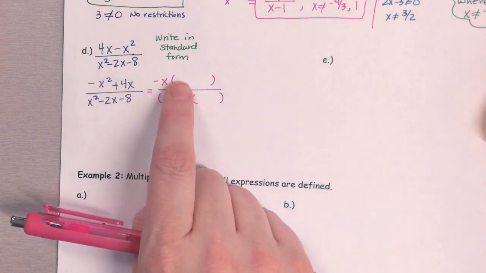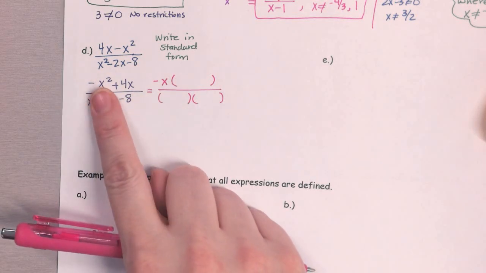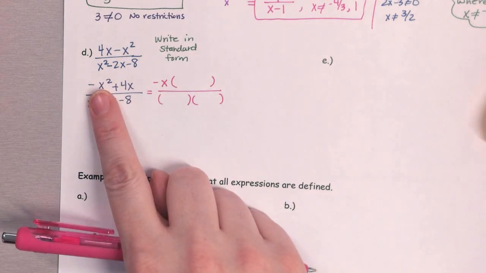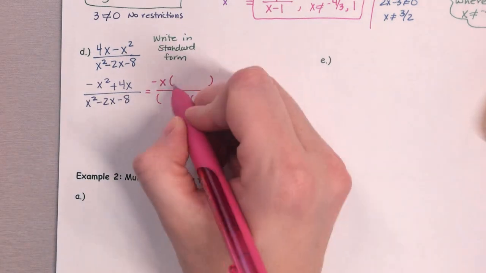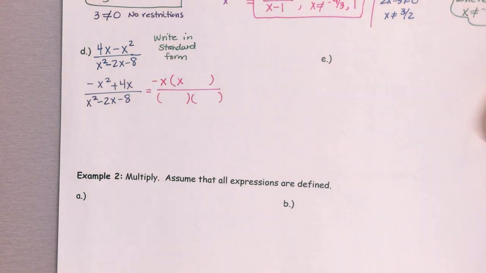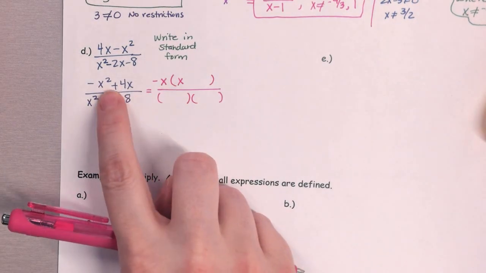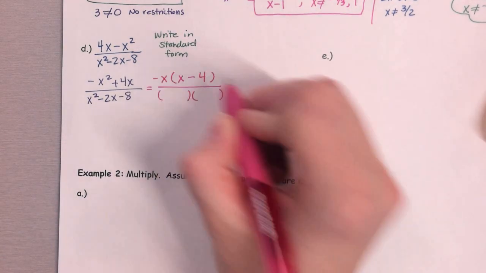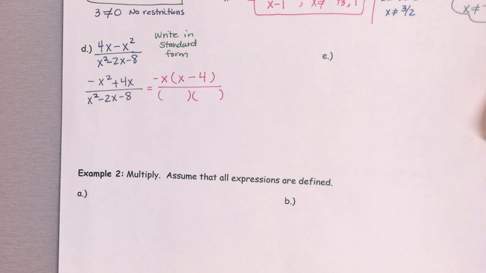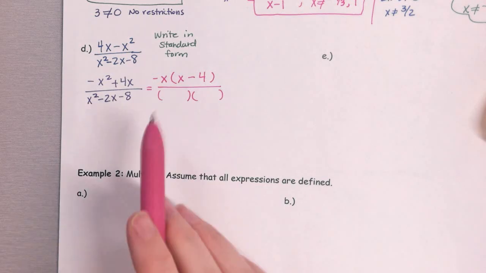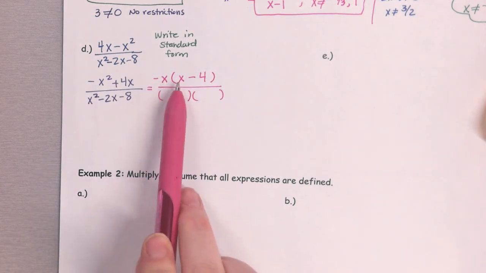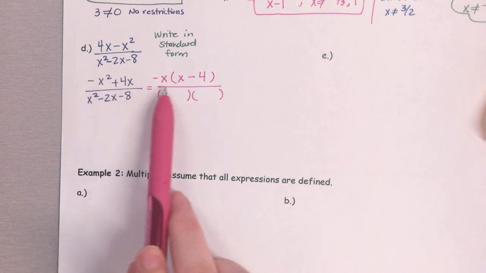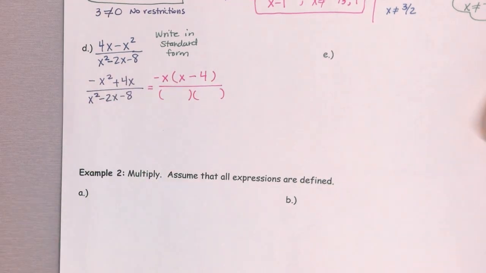So negative x times what would make negative x squared? X. What would I multiply by negative x to get to a positive 4x? Negative 4. And then again, I do a mental check. Negative times positive, okay. Negative times negative, okay.